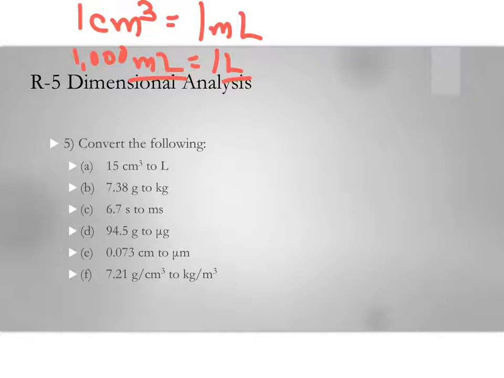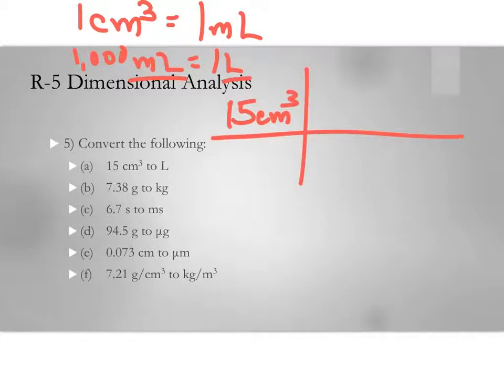And so you have 15 cubic centimeters times 1 milliliter per 1 cubic centimeter. Those cancel out.